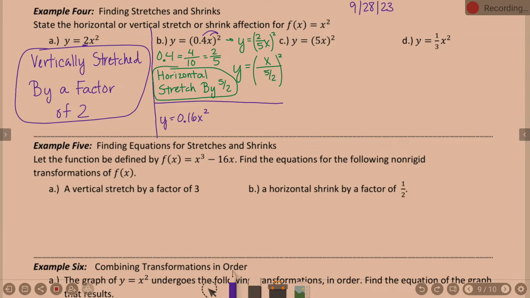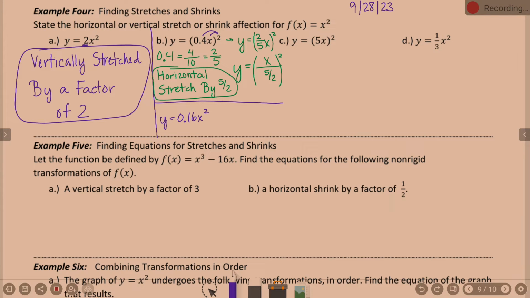What would you call this then, if we're just looking at the 0.16x squared? A number multiplied by x squared is going to make it vertical. Stretch or shrink? Shrink. 0.16 is less than 1, isn't it?